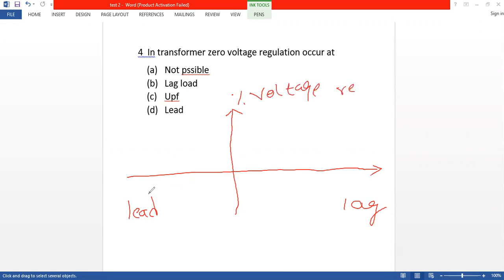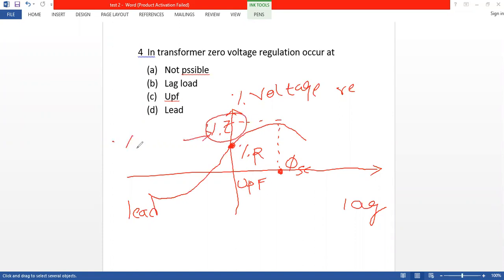This is at UPF, where the voltage regulation is percentage R. Now at short circuit power factor in the transformer, you will see maximum voltage regulation is percentage Z. This percentage Z represents the maximum percentage of voltage required during short circuit to make full load current flow.